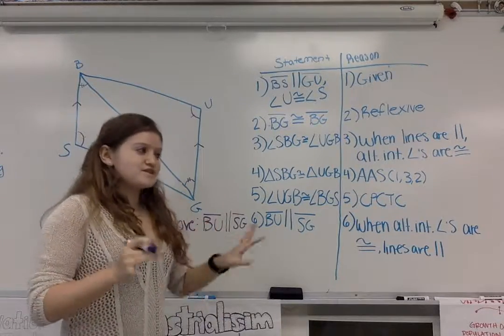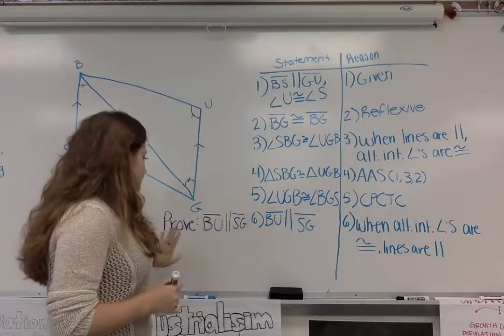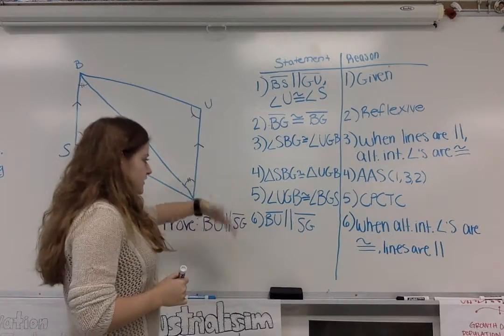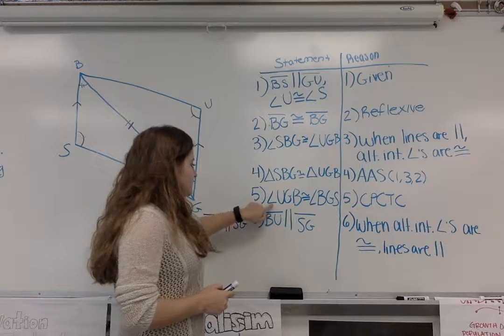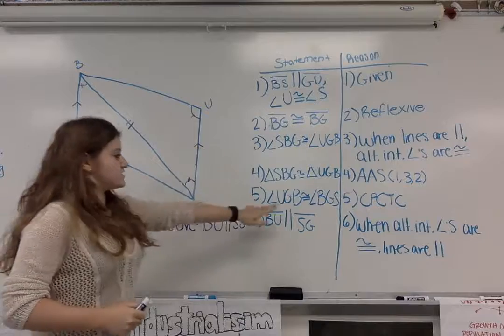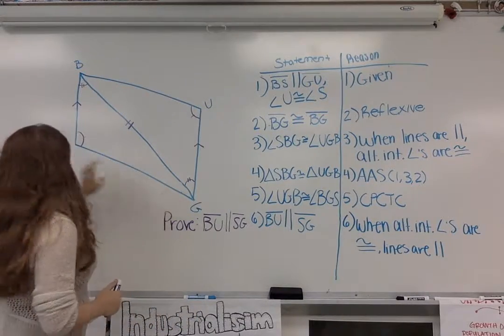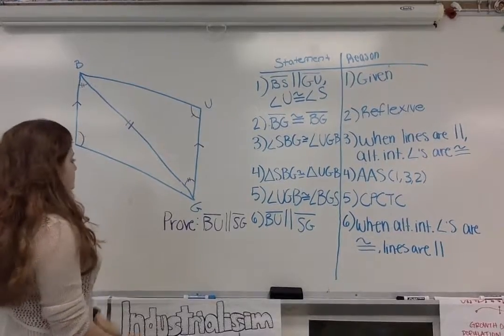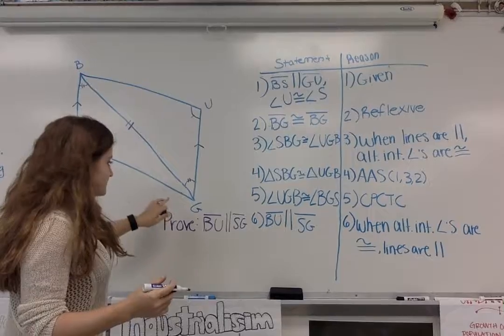So now that we know that these two triangles are congruent, we have to go to the next step to prove this statement. But there's 2 steps. So for 5, we put angle UGB is congruent to angle BGS because of CPCTC.